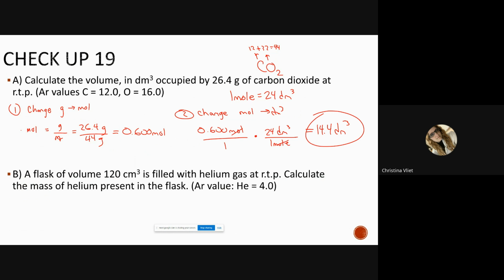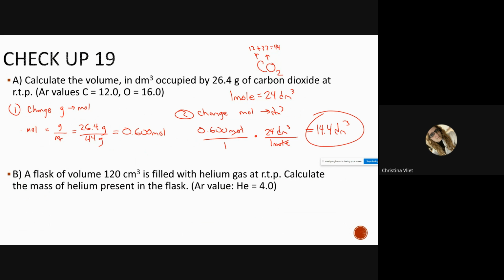Let's take a look at the next one. So, what makes this next one just a little bit more difficult? What's up with this next one? So it gives you the volume. It's asking for mass, so it's the opposite process, right? But what else is going on here?